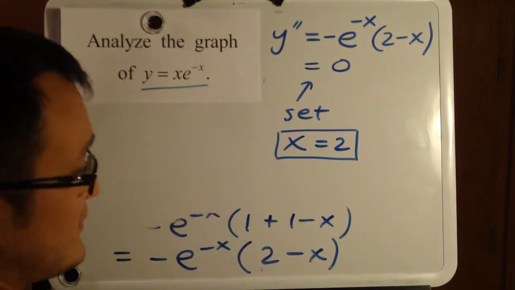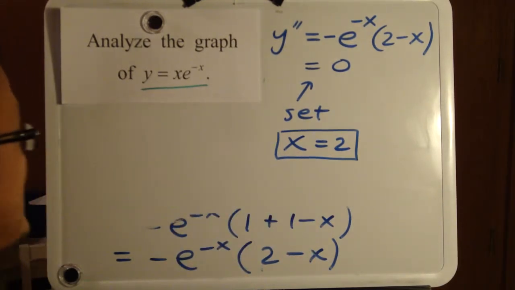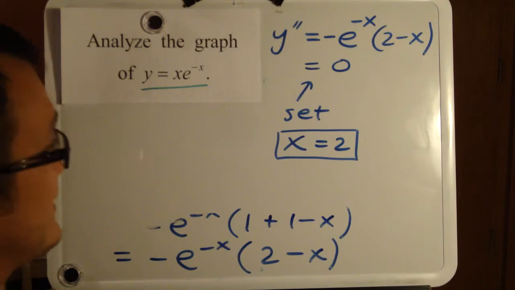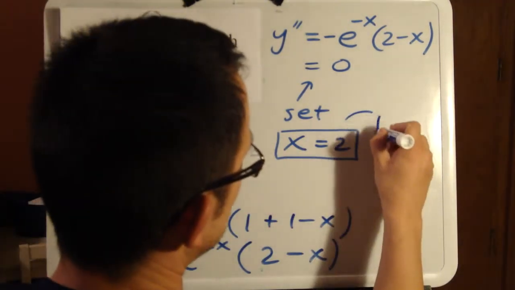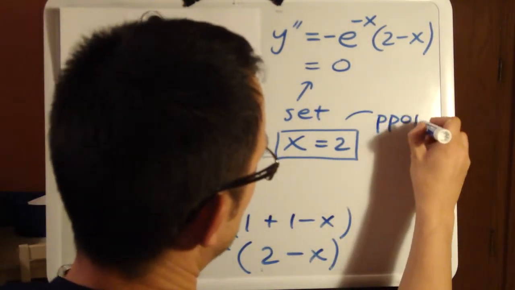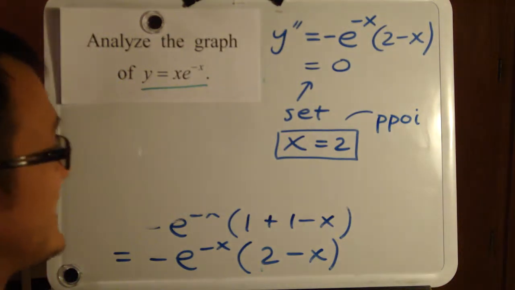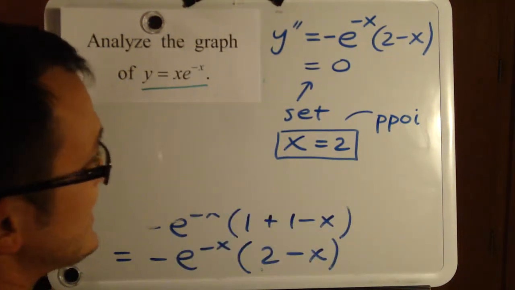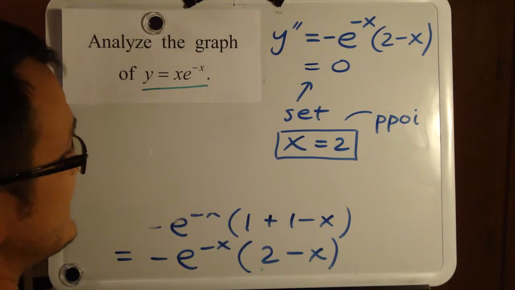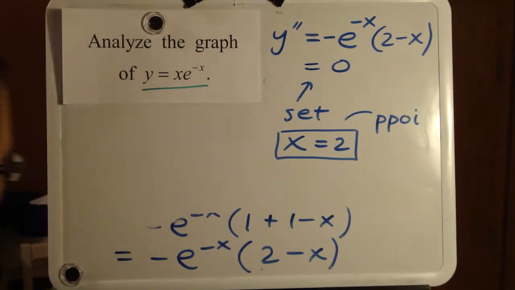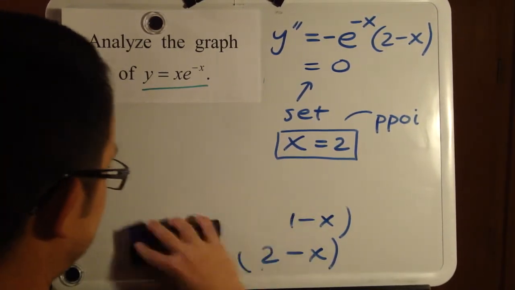This is not a critical number, not going to lead to a min or a max, but this is a possible point of inflection. So I like to call this PPOI. We don't know if it's a point of inflection yet because we haven't talked about the concavity on either side, but it's definitely a candidate for an inflection point.